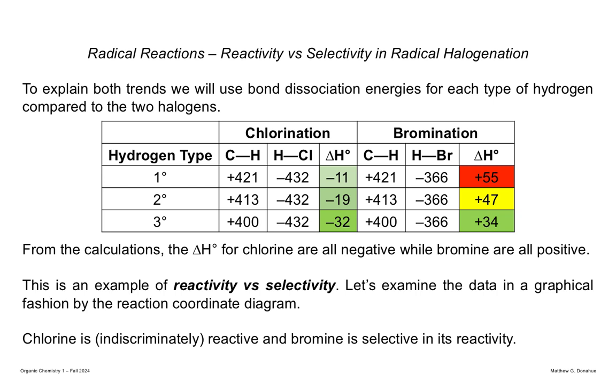And again, the number values come from the table of bond dissociation energies. So if I can highlight here in red, notice for both chlorine and bromine, the C-H values down those columns are the same. So a primary is plus 421, a secondary is plus 413, and a tertiary is plus 400.